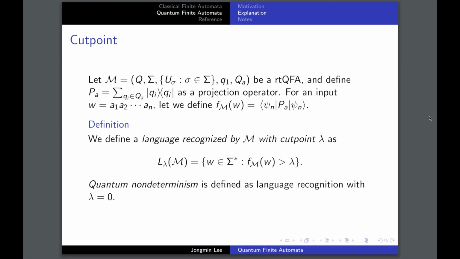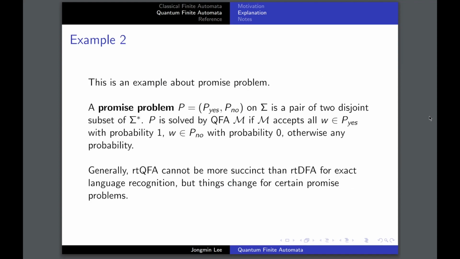Okay, and another question. You said QFA is more powerful than classical DFA for these examples. Is there any example or task where classical automata is more powerful than QFA?